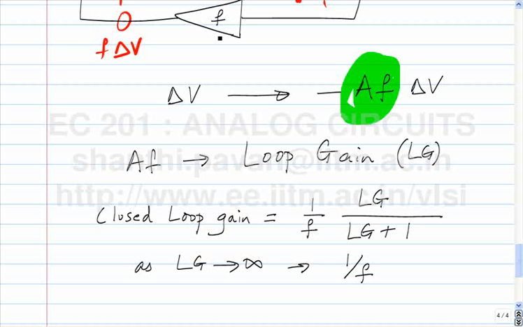You understand? So now we have basically divorced the problem of making a gain which is stable with process and temperature and manufacturing variations into two separate problems.